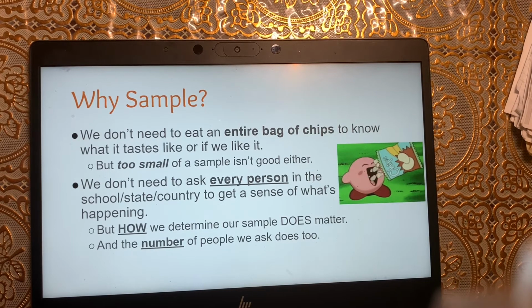But how we determine our sample does matter, and the number of people we ask also matters. Sampling is very important because asking every individual of the population takes time, energy, money and labor.